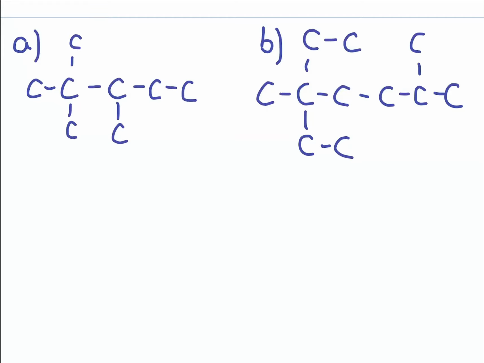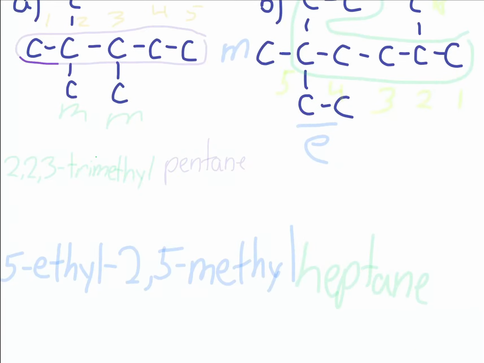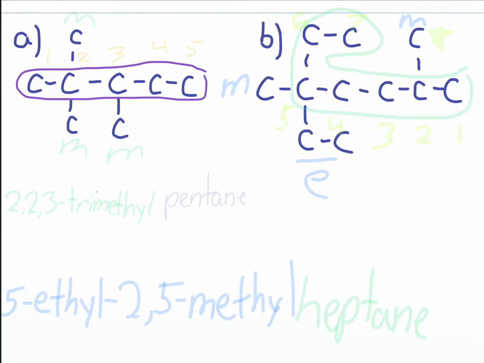Alright, so for letter A, I found that this here is the longest chain, and there are 5. So, it is a pentane. The second step is to number the carbons from the side closest to the first branch. So, 1, 2, 3, 4, and 5. Then, you want to identify each branch.